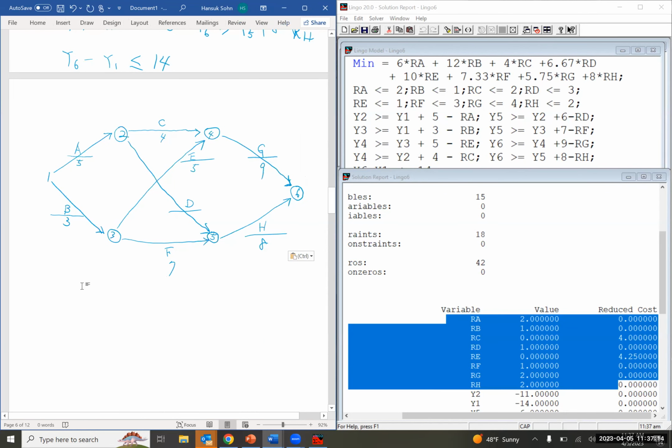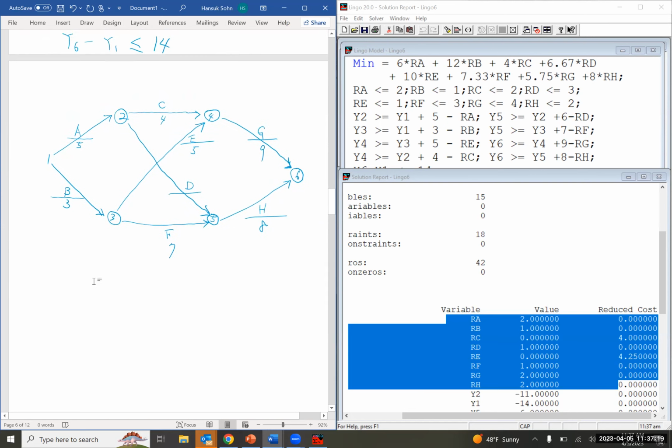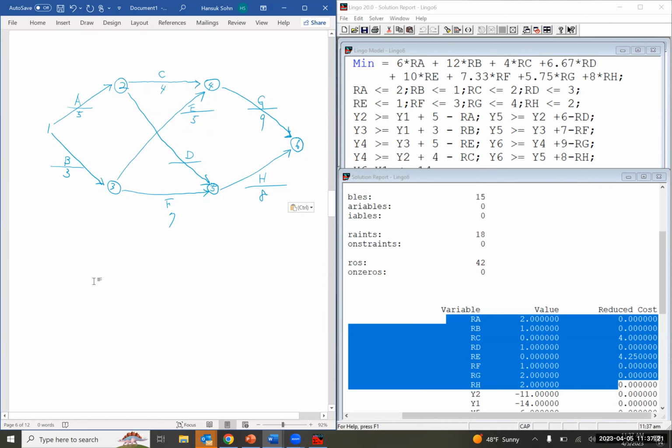Okay. So this is the original network diagram, right?